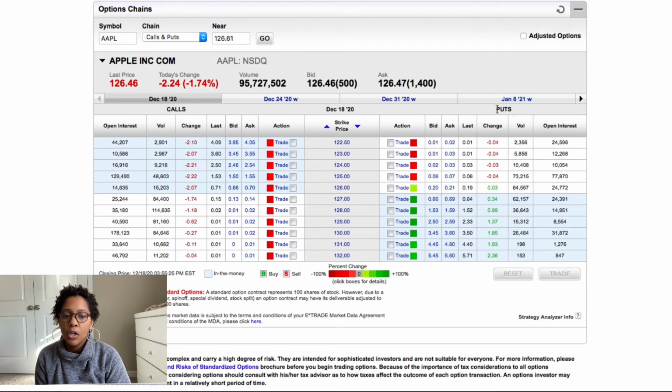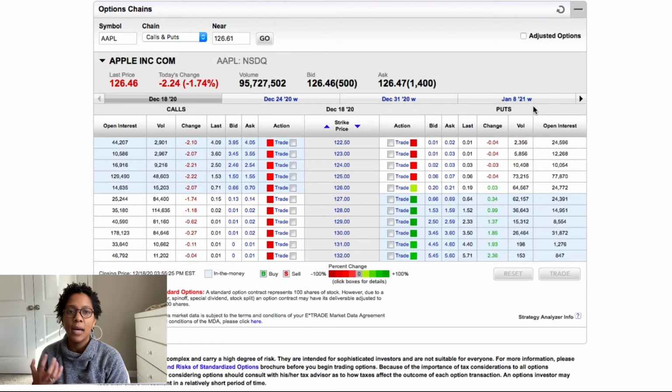We have calls and we have puts. Now, a call option is a bullish strategy, a strategy that is positive, where you think the underlying stock price is going to go up. A call option gives the buyer the right to buy 100 shares of stock. So that's the buy or the sell part: the buy for a call.